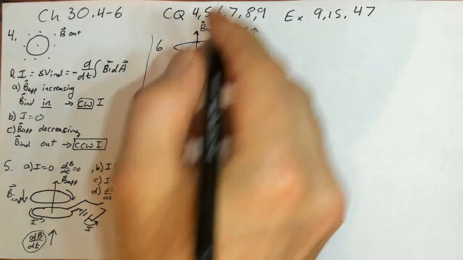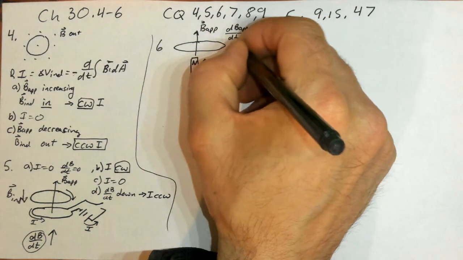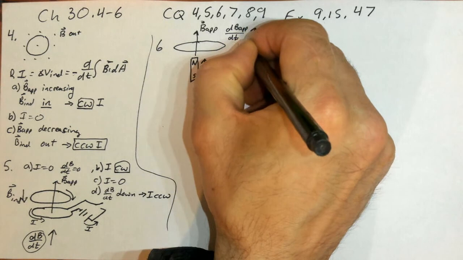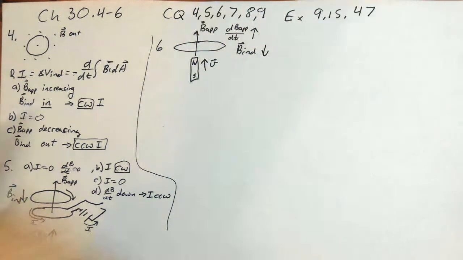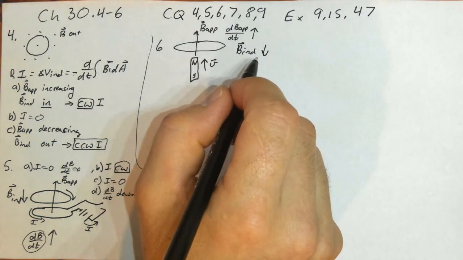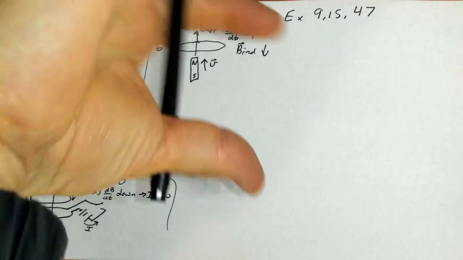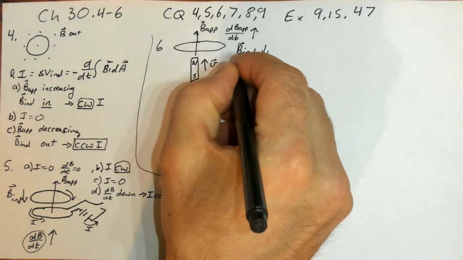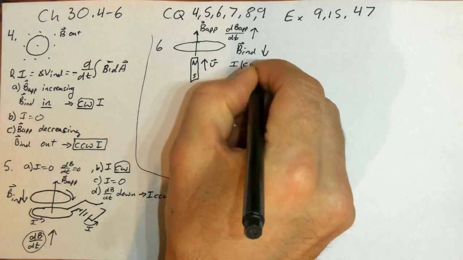Well, that means that the induced field, B induced, will be down because it doesn't want it to change. It doesn't want it to get bigger upward. Okay, so it's going to be down. And in order for that to happen, looking from the top, my thumb goes down, I'm going to get a clockwise current. So the current is clockwise.